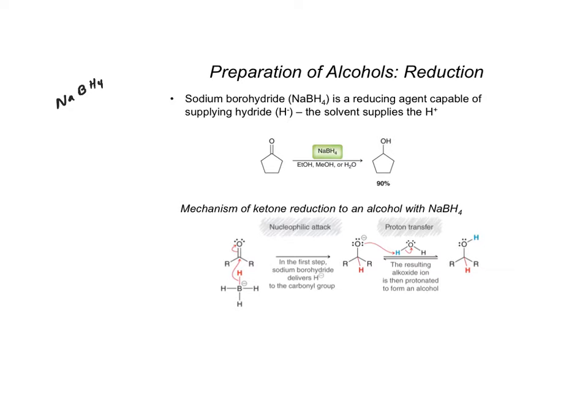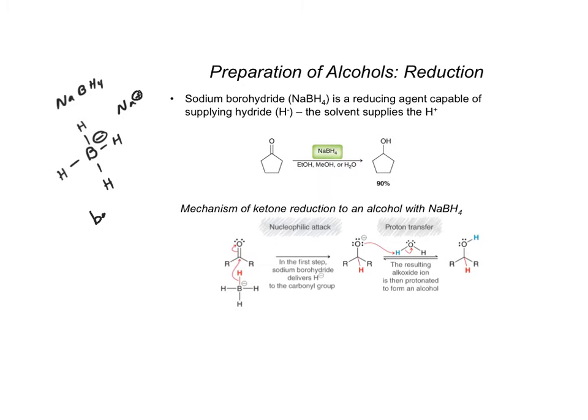The main player in this overall compound is the borohydride part, which as a structure is this guy. This is boron. Due to the fact that it has 4 bonds, the hydrogen has a negative formal charge. And so the sodium in this guy is just a counter ion to the borohydride.